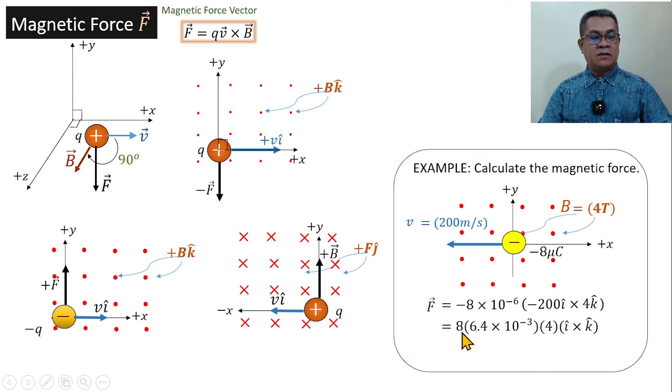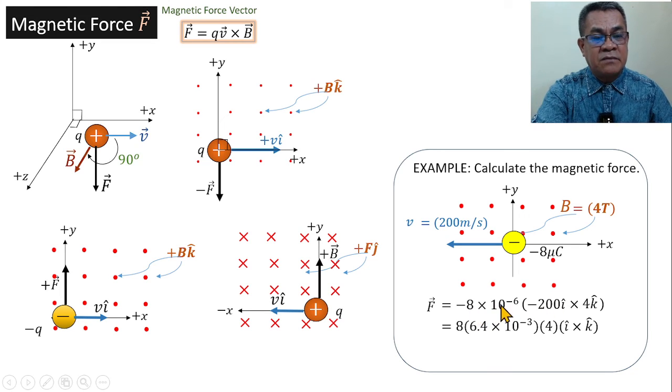So therefore, we have 8 times 10 raised to negative 6, times 200, times 4, and this is i cross k. I disregard the 6.4 earlier, it is not correct.